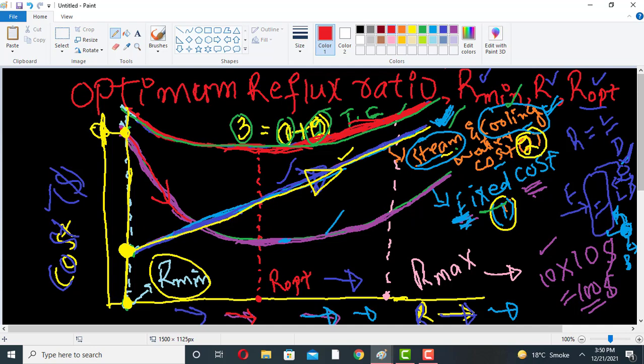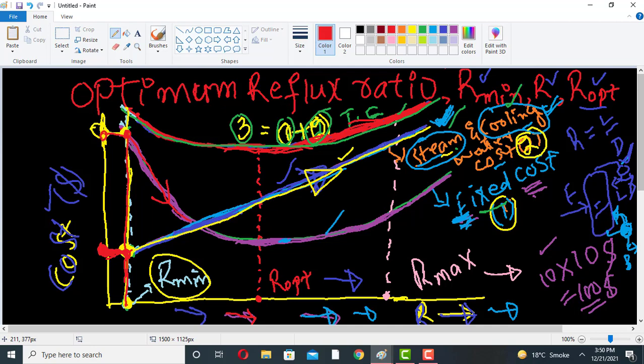So at minimum reflux ratio, the condenser and reboiler duty is minimum, but the height of the column is high and there are many plates, so the fixed cost is large. This line shows the cost of the condenser cooling water and the cost of the reboiler.